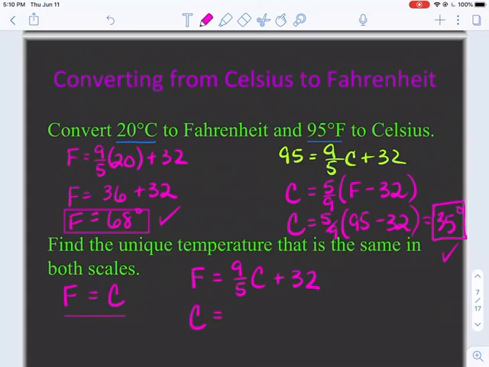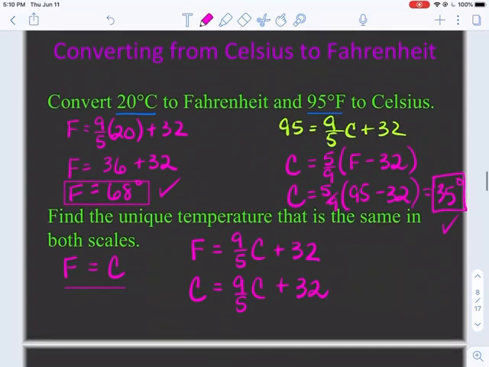So we have C is equal to 9/5 C plus 32. All you would have to do then is solve for C. You can multiply by 5/9, or 5, and then combine like terms. You should get C in this last case is equal to negative 40 degrees. Or just negative 40.